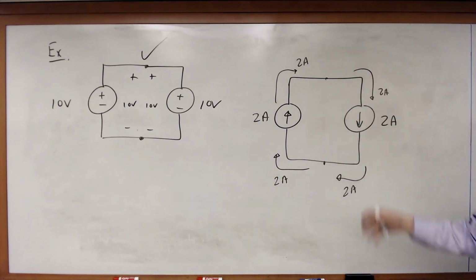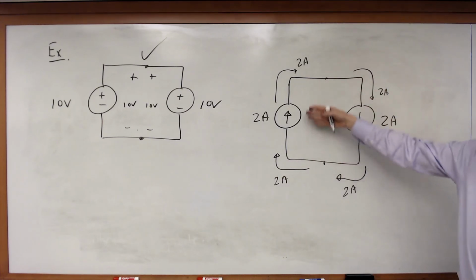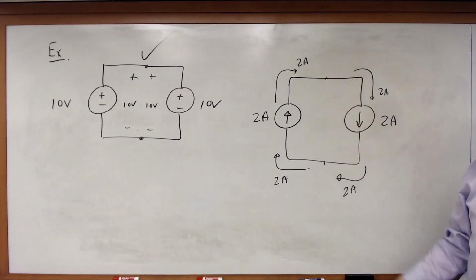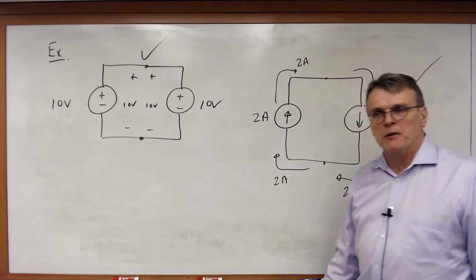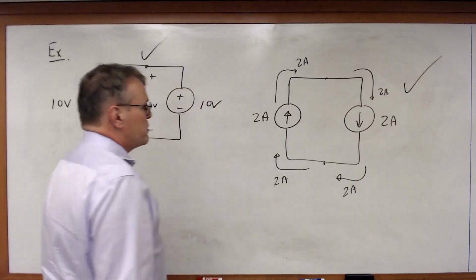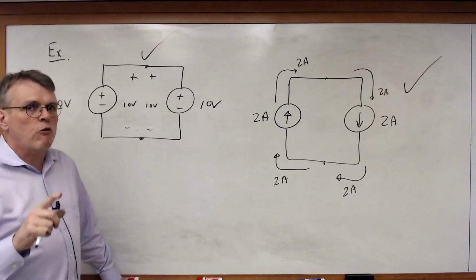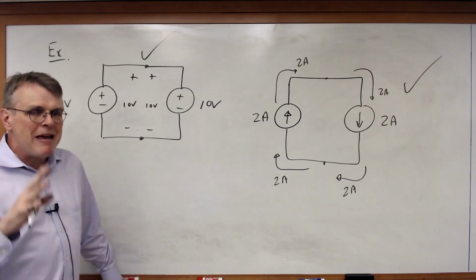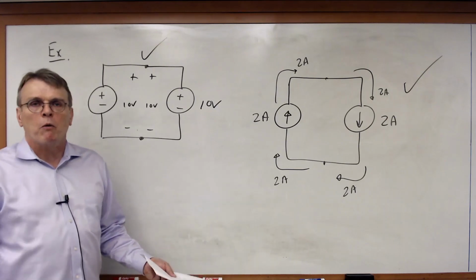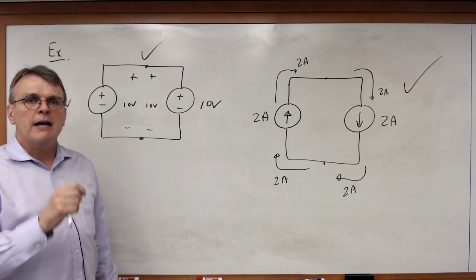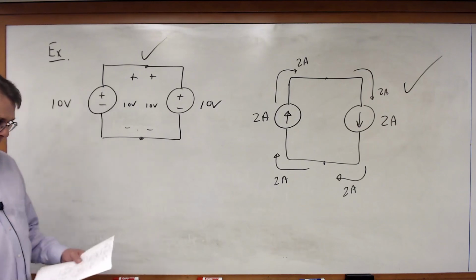Do both of those sources agree? Yes, they both say that 2 amps is circulating around this loop through both of those elements. Therefore, that is a realizable circuit. So, not everything you draw or can put on a piece of paper makes mathematical sense any more than saying 1 is equal to 2 or 1 plus 1 is equal to 3. It has to be mathematically consistent.